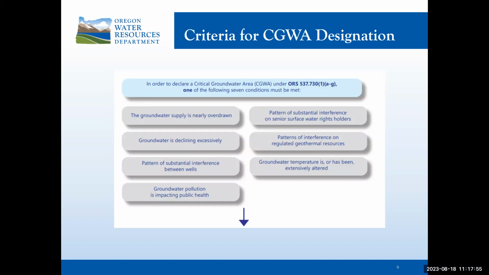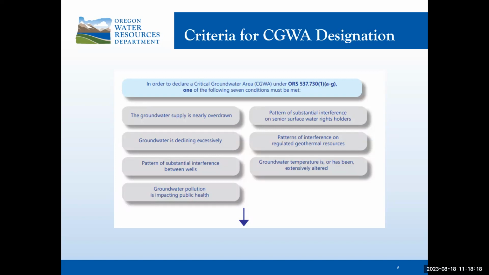There could be a pattern of interference related to geothermal resources. Groundwater temperatures are being extensively altered, or groundwater pollution is impacting public health. So these are the 7 criteria. If any one of these is met, then a critical groundwater area may be designated in rule.